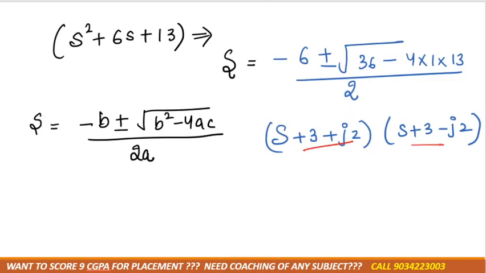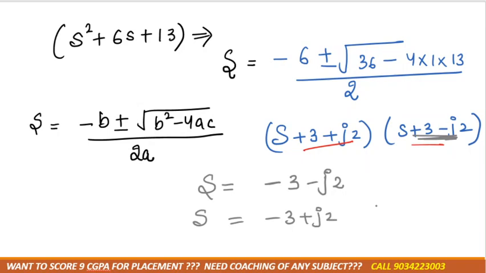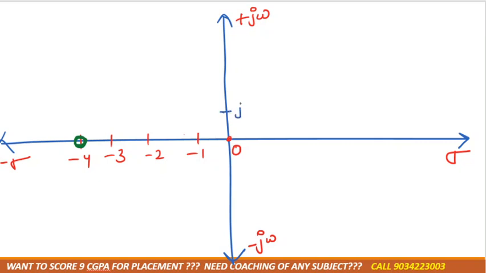Now we have to calculate the pole values. If we calculate from here, it would be minus 3 minus j2, right? And another value from here, minus 3 plus j2, right? So if I mark it, suppose it is j1, j2, and it would be minus j1 and minus j2. So minus 3 and plus j2 would be here, like this, so we'll mark a cross here.